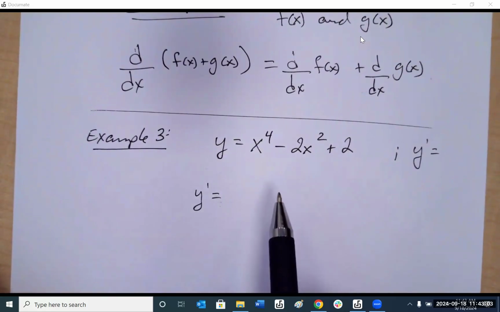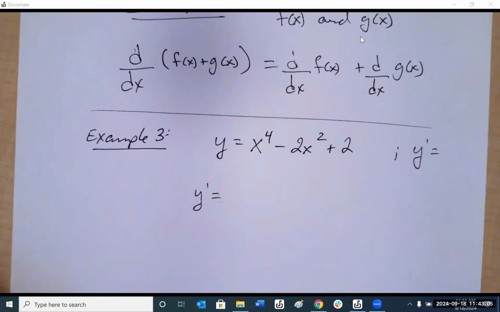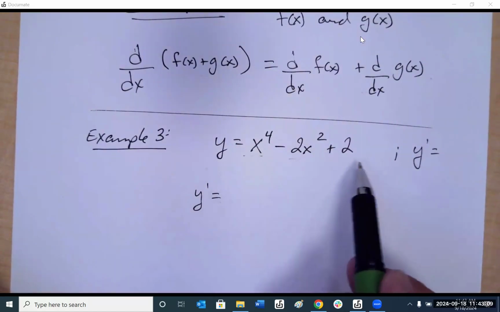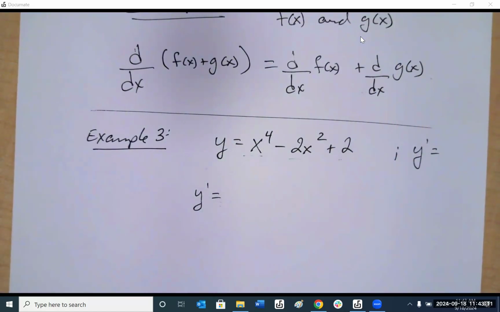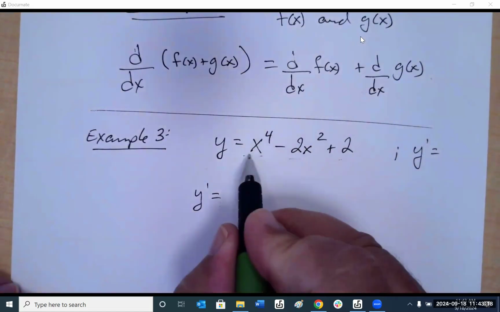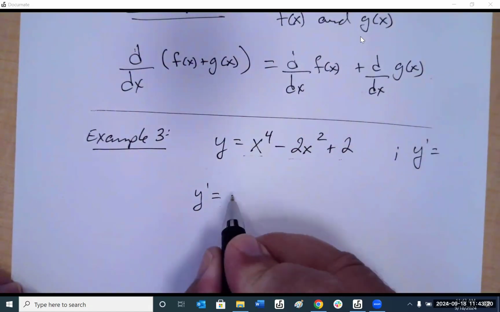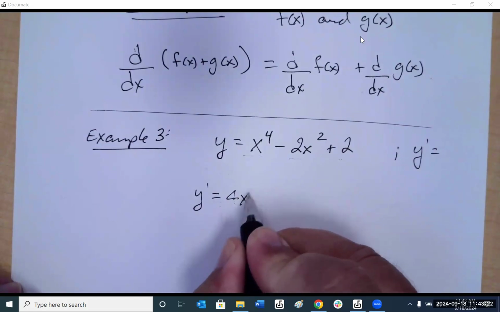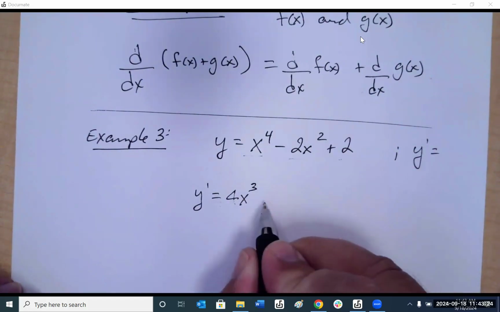So what's this telling us? How many terms do we have on the right-hand side? 3. 1, 2, 3. Anything separated by plus or minus is a term. So we can take a derivative of each term separately. What's the derivative of x to the fourth? Very good.